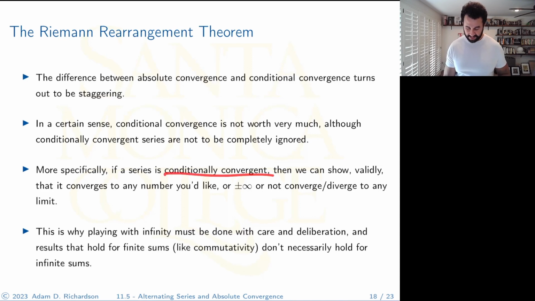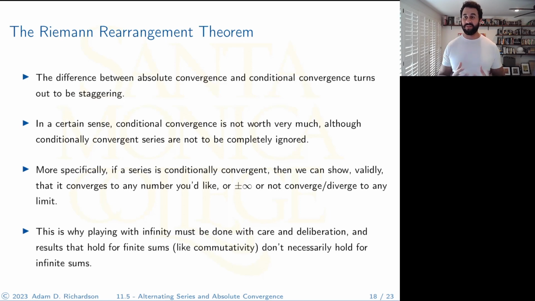So conditional convergence is a very, very fragile form of convergence because it basically means it does converge under certain conditions. But if you violate those conditions, then you can say that this series adds up to anything you want. And this is why, like I say at the bottom here, playing with infinity has to be done with care and deliberation.